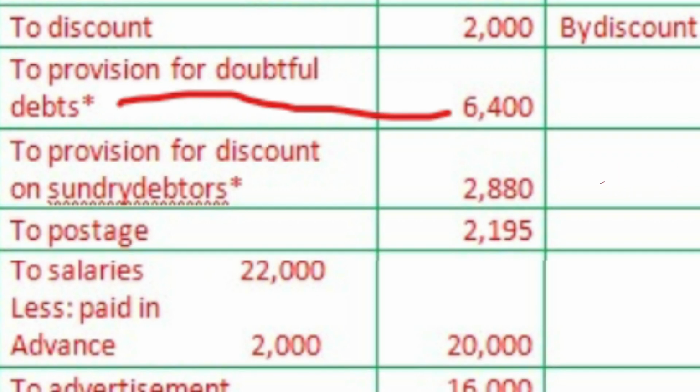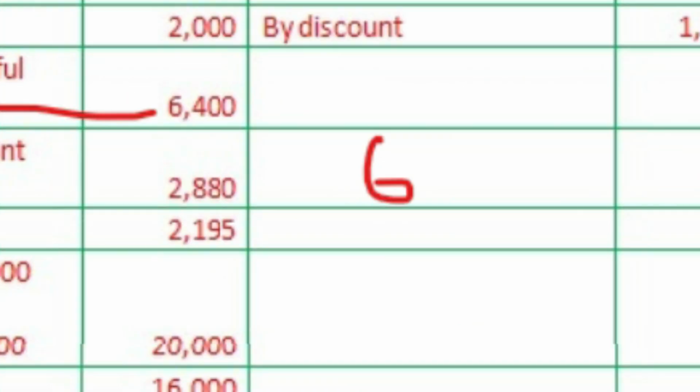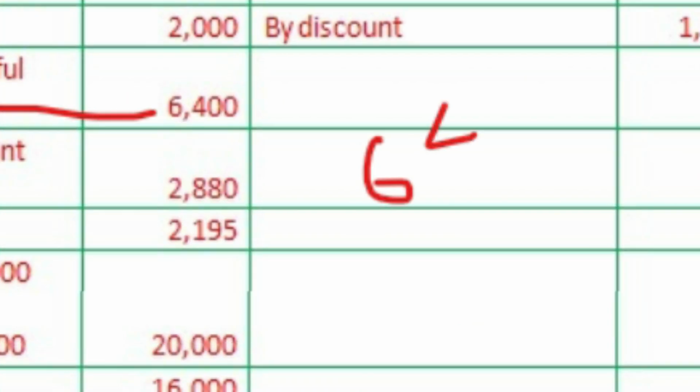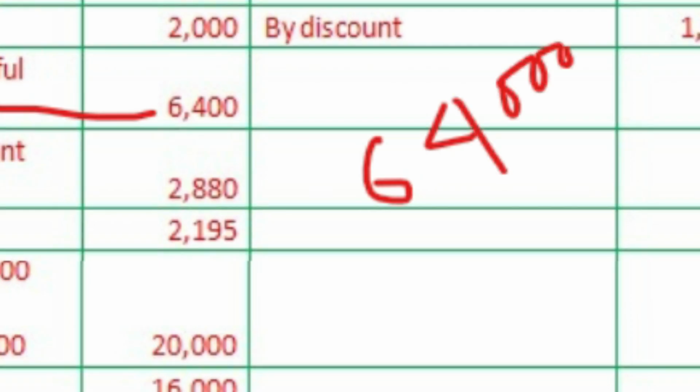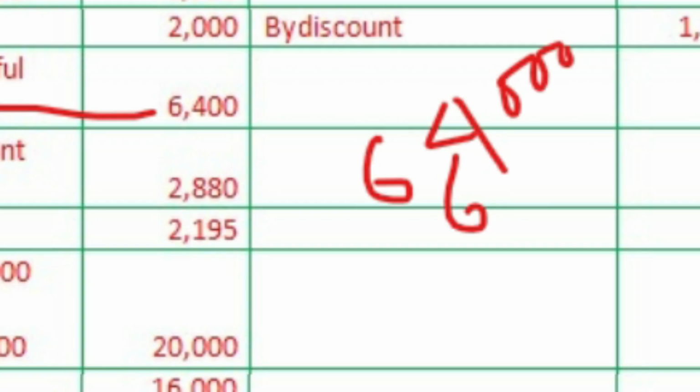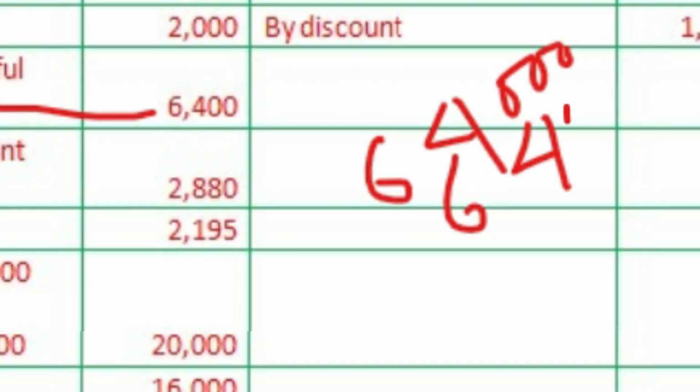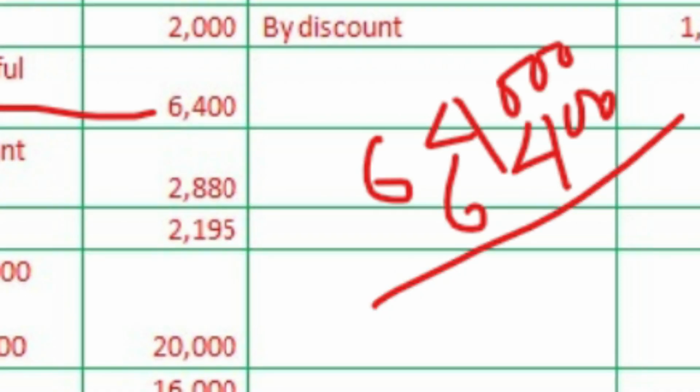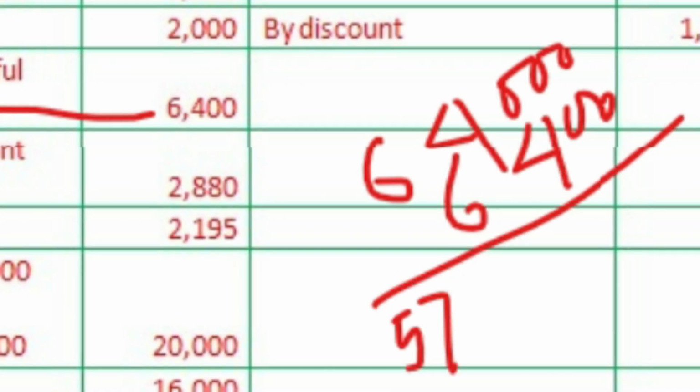Okay, and remember that now the 64,000 balance of sundry debtors is given, and 10% provision for doubtful debts, 6,400, is to be deducted. When you deduct this 10%, the balance amount you will get is 57,600.